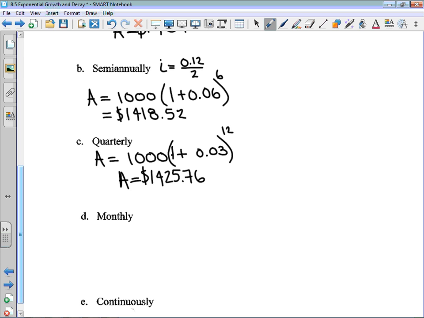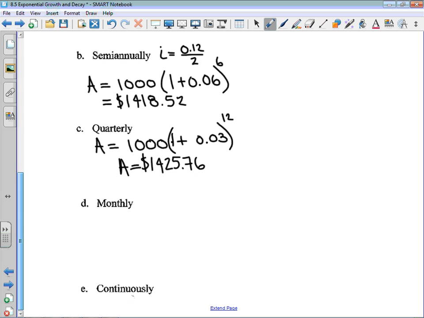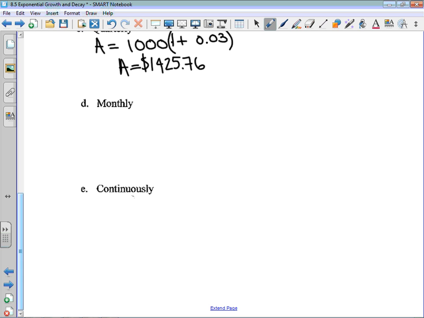For monthly, if we get 12% a year, I get 1% a month. So the accumulated amount will be 1,000 times 1 plus 0.01, but now it's to the power of 36. So even though I'm getting less interest, I'm having more compounds, and it does end up making me just a little bit more money. Now, what happens when it's continuous?